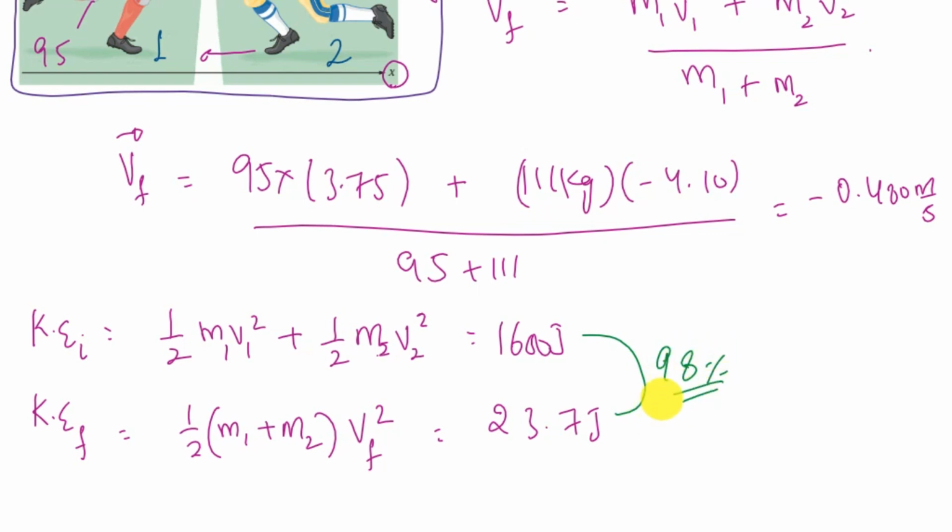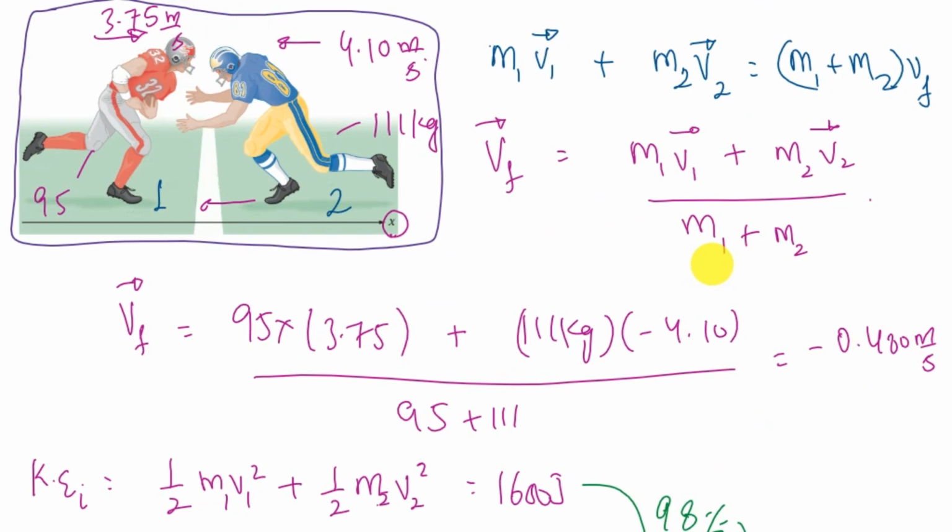And the kinetic energy lost किस में हुई है? It is lost in some other forms of energy like sound, heat, friction, deformation. तो इन चीज़ों में kinetic energy lost हुई है. But still the interesting thing is the momentum is conserved.